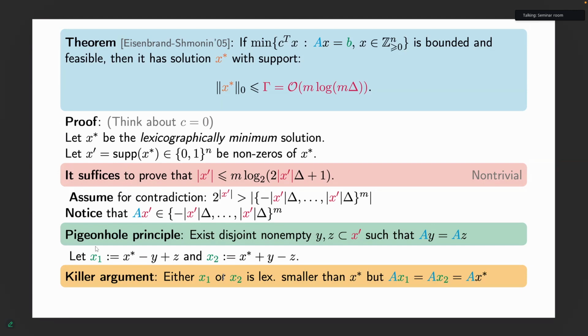But because they map to the same right-hand side, this doesn't change the value. So it's a contradiction with x star being the lexicographically minimum solution. Okay, any questions about this theorem?